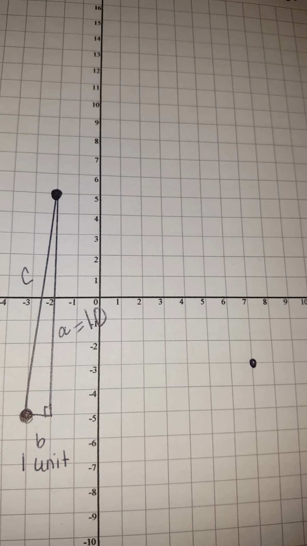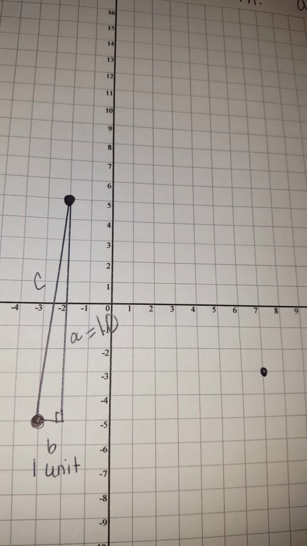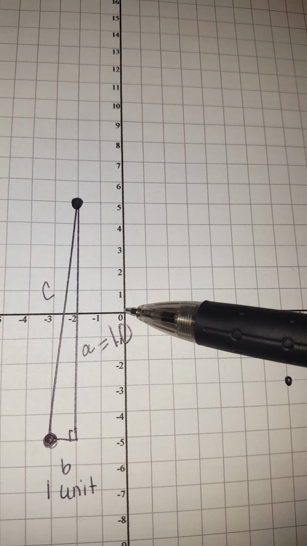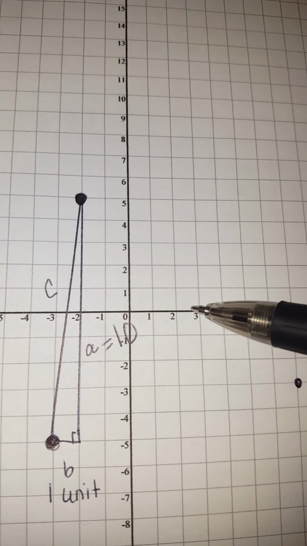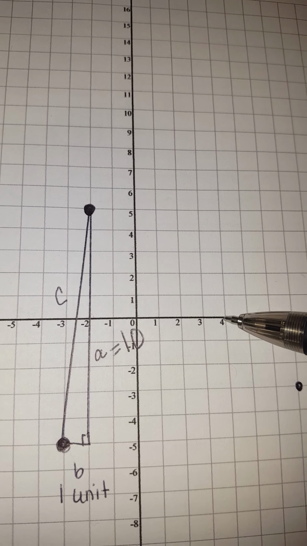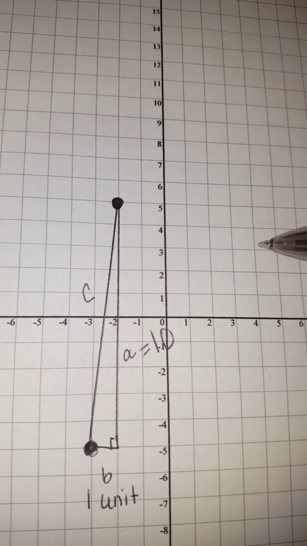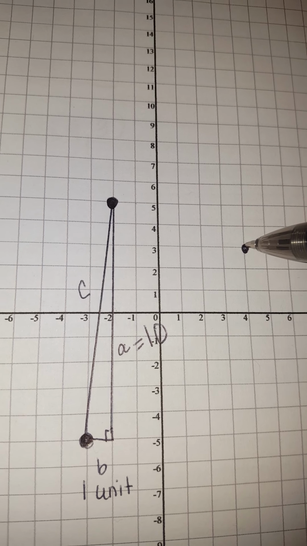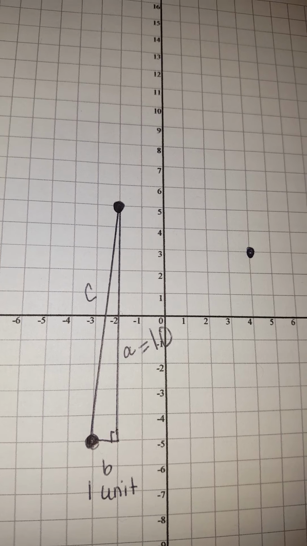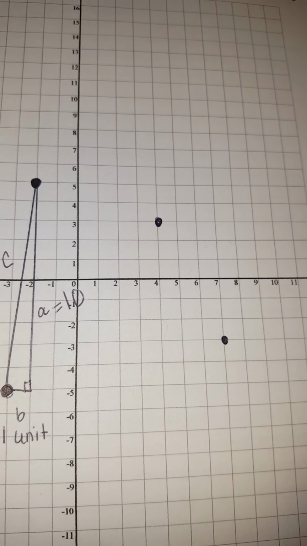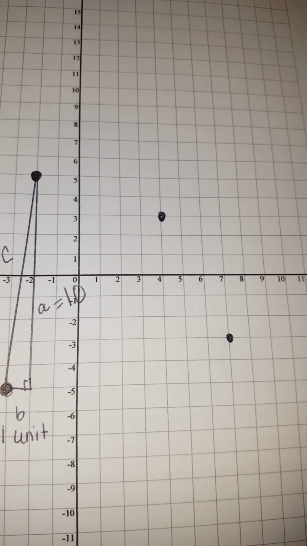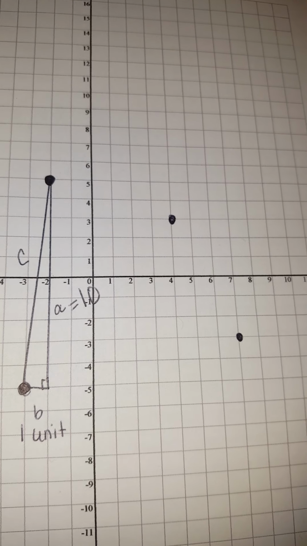My second point, or ordered pair, is 4, 3. So from the origin, because the 4 is positive, I'll go to the right, and then I'll go up 3 because the 3 is positive as well. And that gives me the location of my second ordered pair.